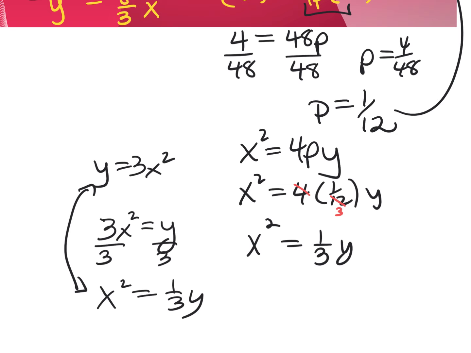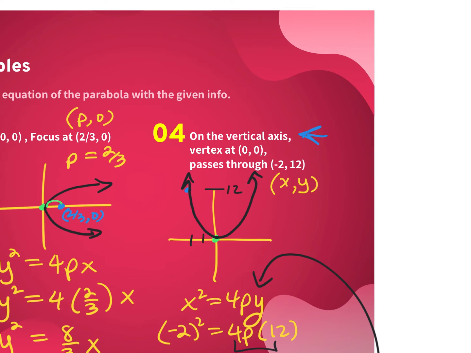Be familiar with that for SAT purposes. But WebAssign is going to expect to see this. Now, if the problem instead had the word horizontal axis, then it would have been left and right.